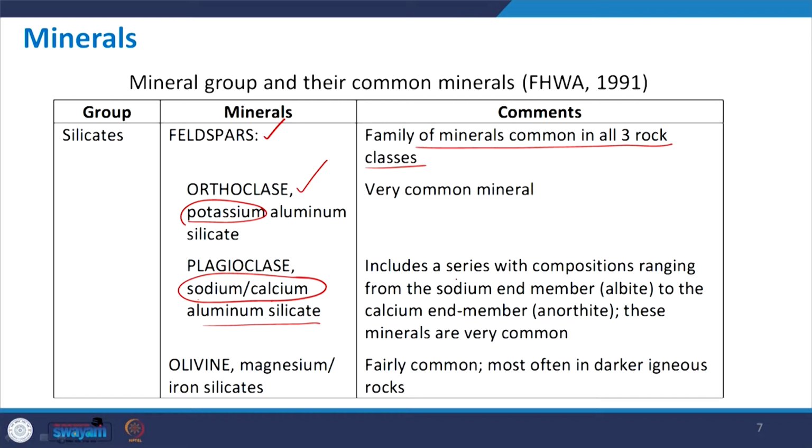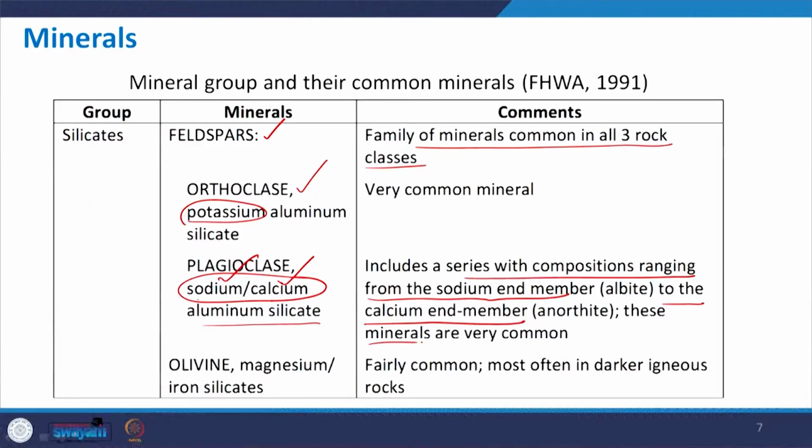This includes the series with compositions ranging from the sodium end member to the calcium end member. You need to be careful that here I am writing sodium calcium, so the composition may vary from sodium at one end to calcium at the other end. These minerals are quite common.